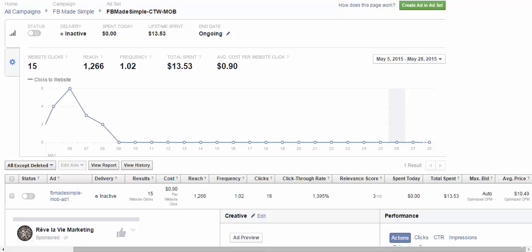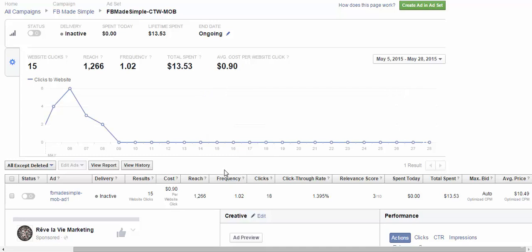Because the lower your ad costs are, then obviously the higher your return on investment is, as long as you're gathering leads, selling products, that sort of thing. So that's why it's very important to measure your results during and after campaigns, so you can learn from them and improve on them in future ads and campaigns that you run, to be much more efficient and effective.